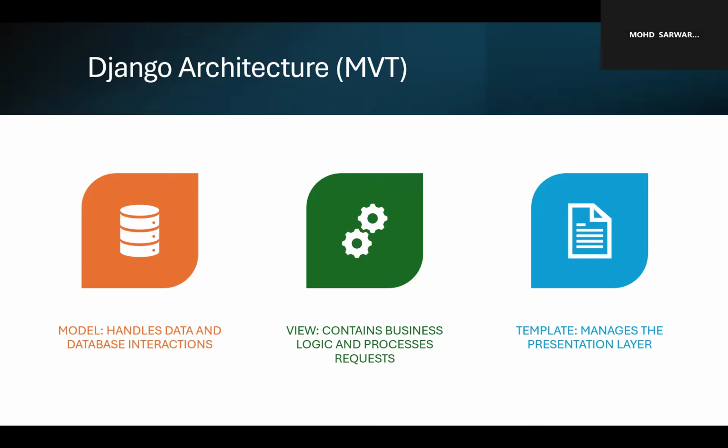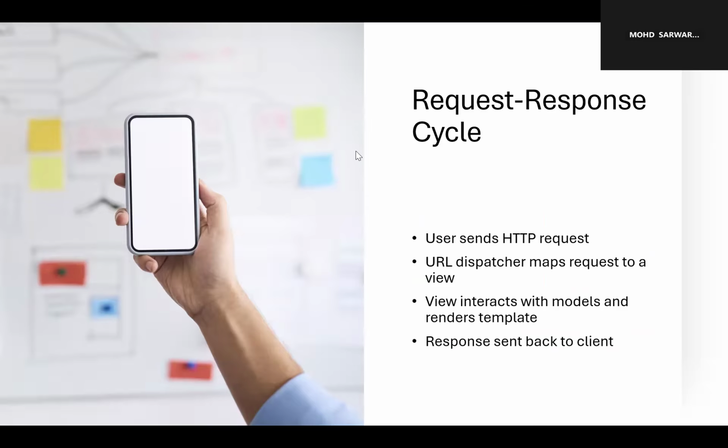Next, coming to the request-response cycle. Here is how Django processes a request. First, a user sends an HTTP request, and Django's URL dispatcher checks the URL and maps it to the correct view.